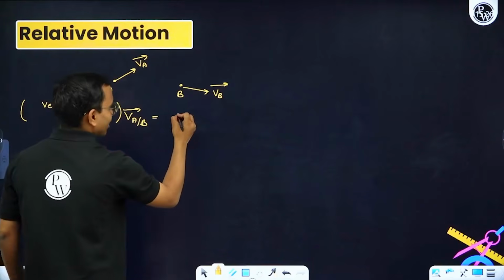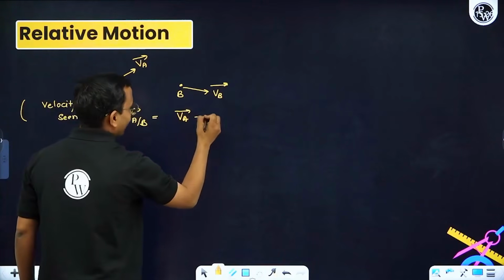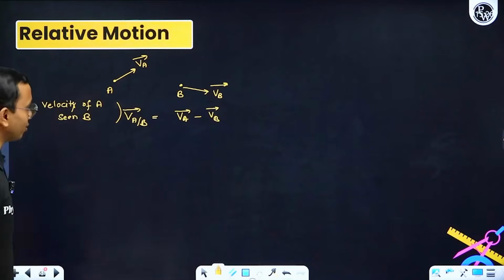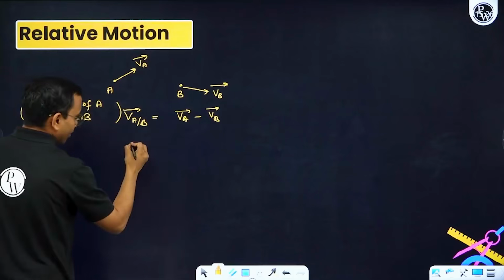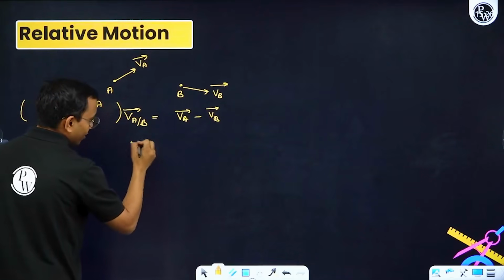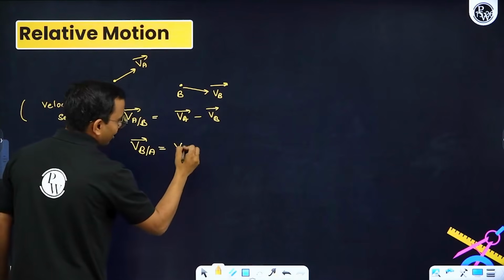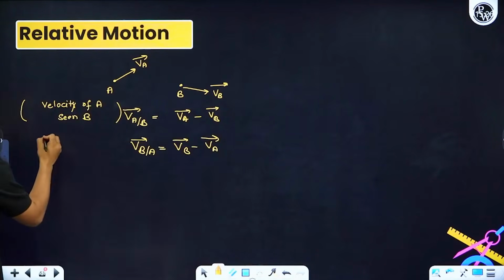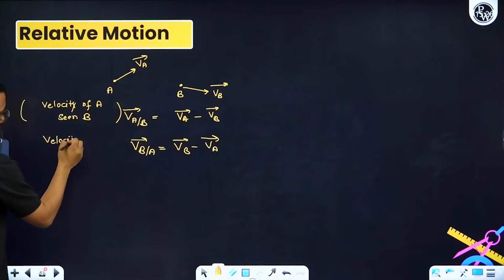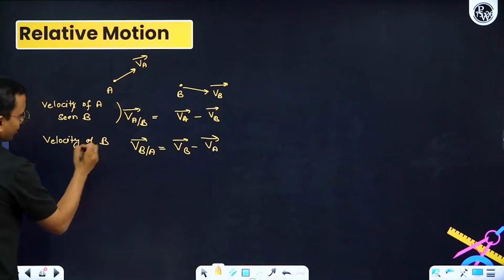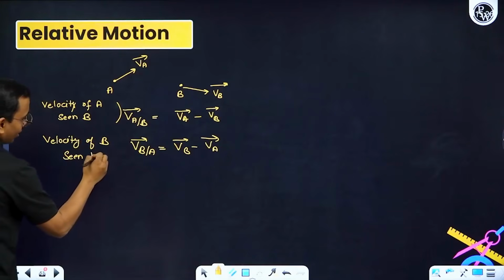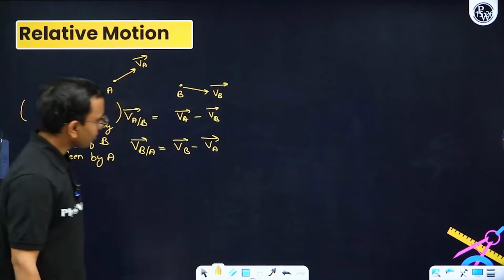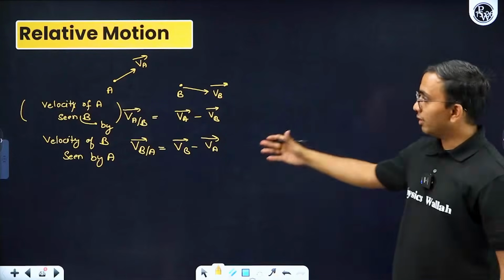So this is velocity of A minus velocity of B, the velocity of A with respect to B. If I say the other way, velocity of B with respect to A, this is velocity of B minus velocity of A, the velocity of B seen by A. Now this is relative velocity.